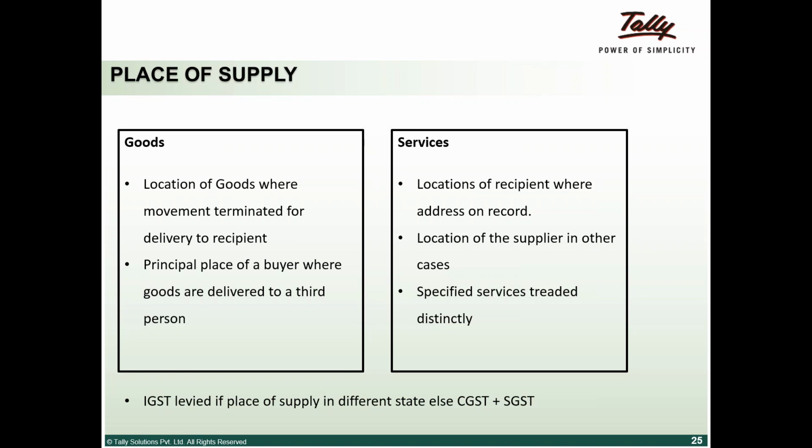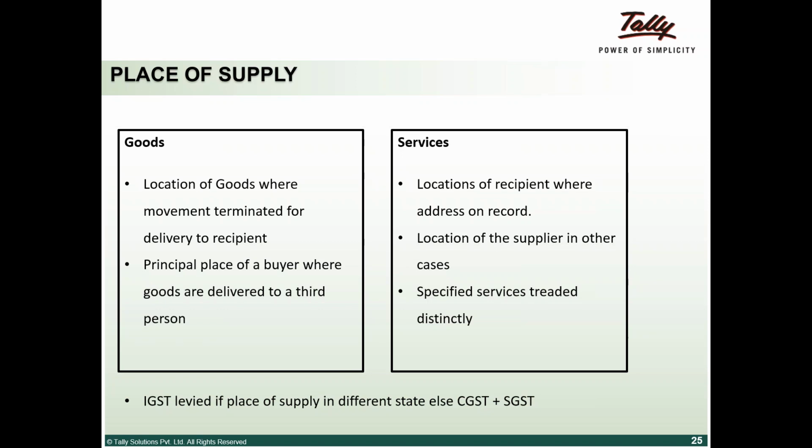Now let's get into services. For services, the place of supply is the location of the recipient of service where the address is on record. If I have a recipient's address, then it is the location of the recipient. If I have no address of the recipient, then the location of the supplier itself will become the place of supply.